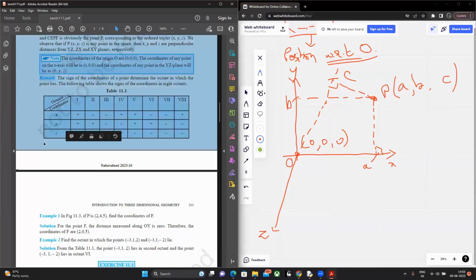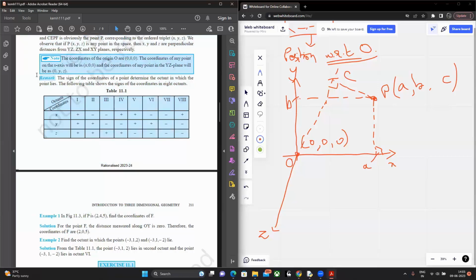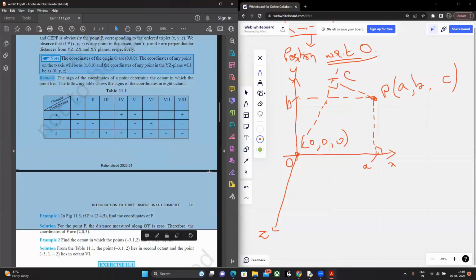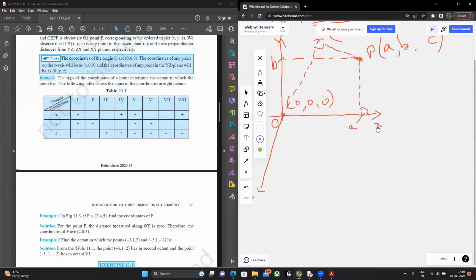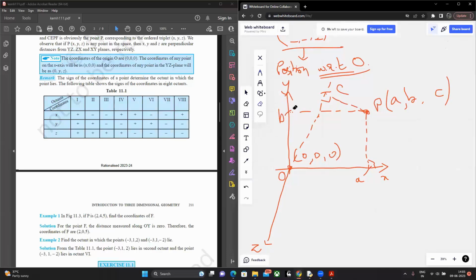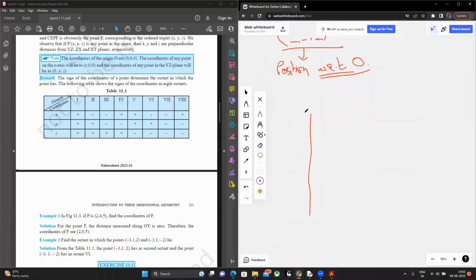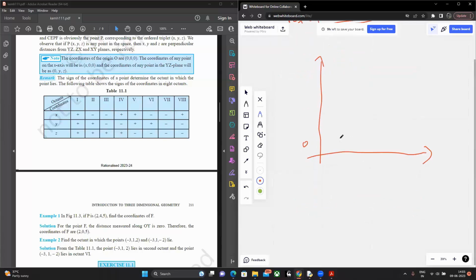Finally, you have this table which deals with the octant system. You have the octant number and the position of the three coordinates. So given some space, wait, let me just erase this. Given a coordinate system like this, origin, I'll extend everything on both sides.